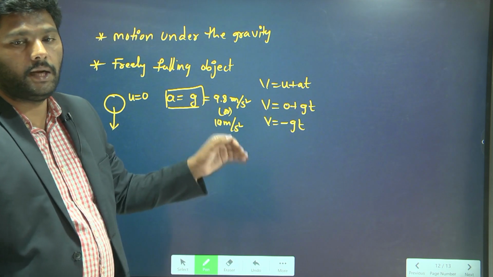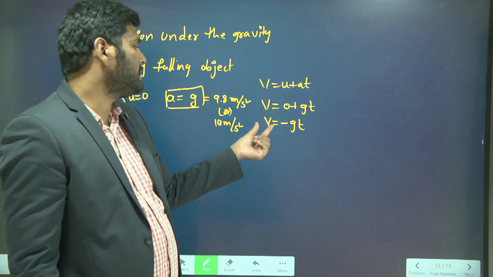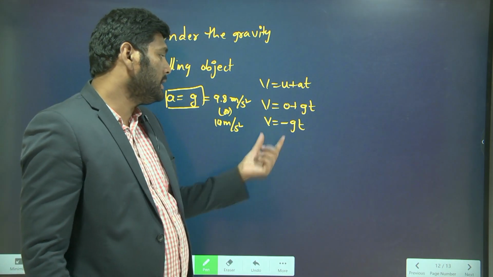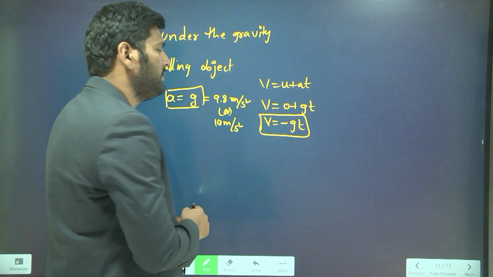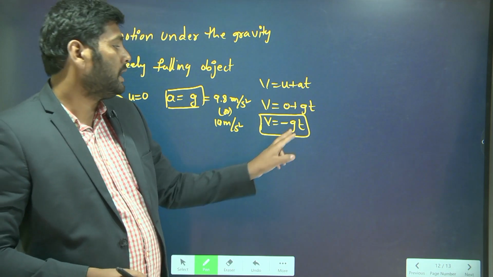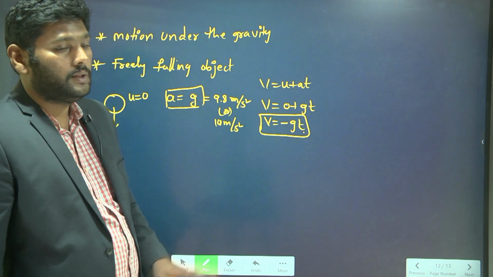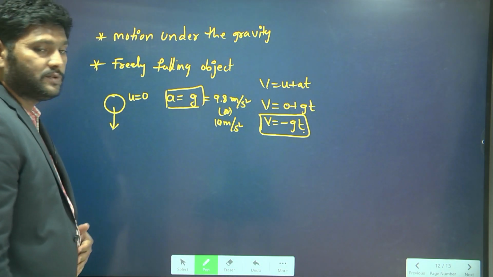Minus indicating that g is acting in the downward direction, so you have the velocity of the object also in the downward direction. In this equation, v means the velocity of the object after time t, and g is the acceleration due to gravity. This is how the first equation is converted for the freely falling body situation.